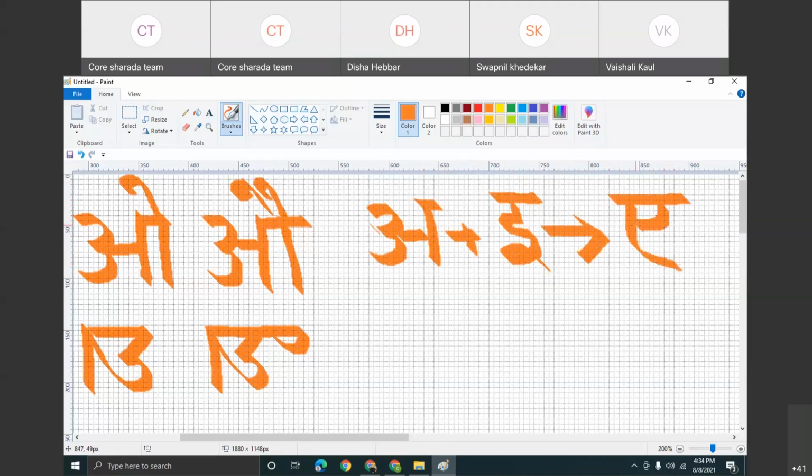AI. There are a lot of students here who have studied Hindi long back and have learned Sandhi, so they know this. AI is formed when A and E are combined.